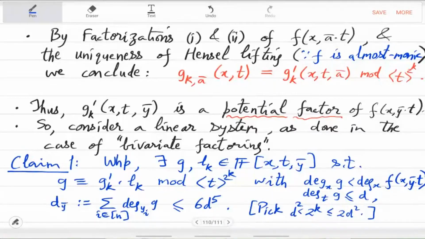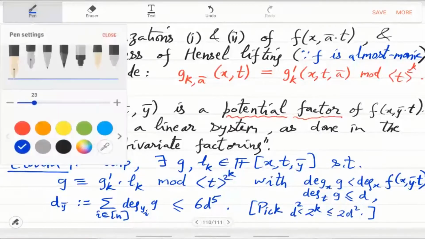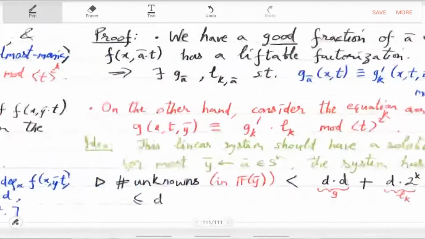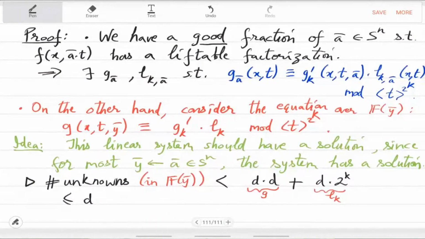I am assuming K to be something like 2 log D. With that it's D square plus D times 2D square, which cannot exceed 3D cube. The number of unknowns in this bivariate system is at most 3D cube. So let us call this number of unknowns M.